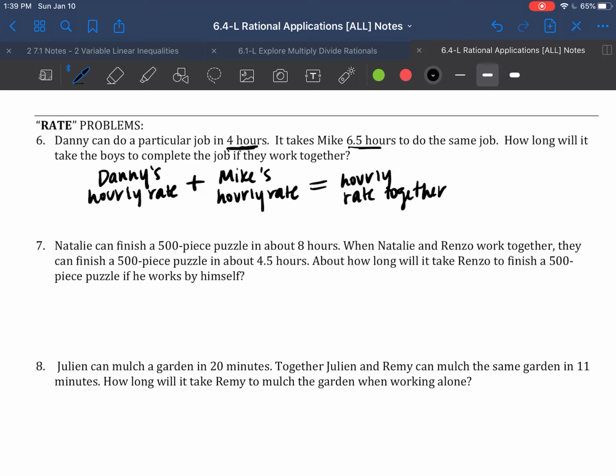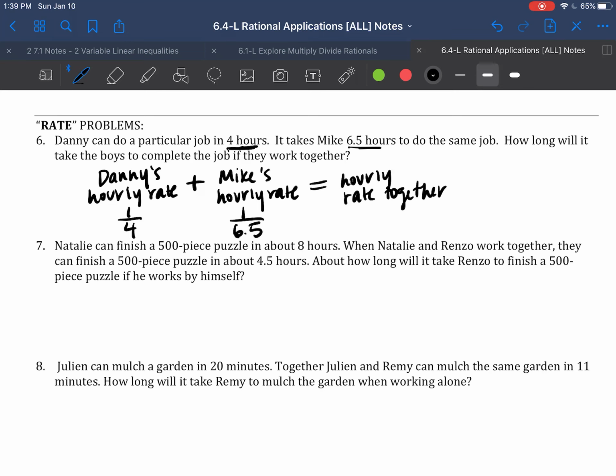Okay, so if it takes Danny 4 hours to do the job, that means he's getting 1/4 of the job done every hour. Okay? So 1/4 of the job, and then after 4 hours, he'd have the whole job done. Mike's hourly rate is going to be 1/6.5 because it takes him 6.5 hours.